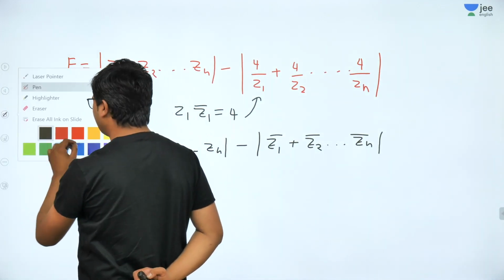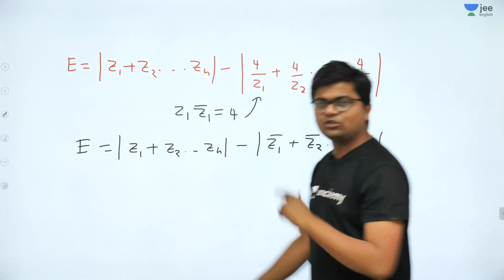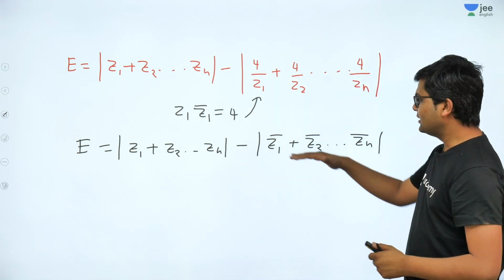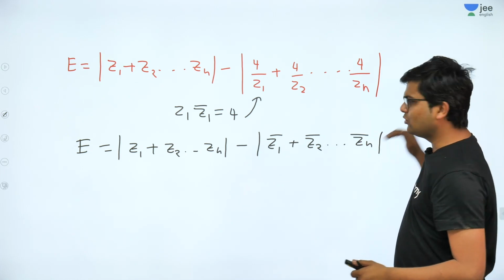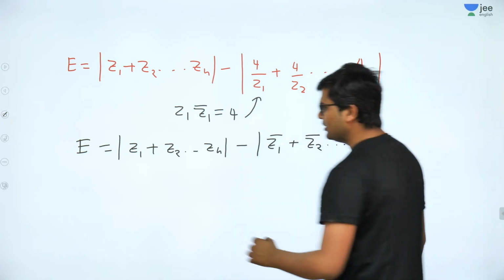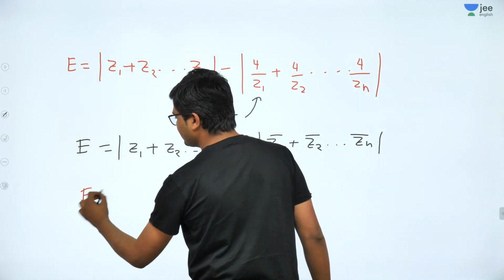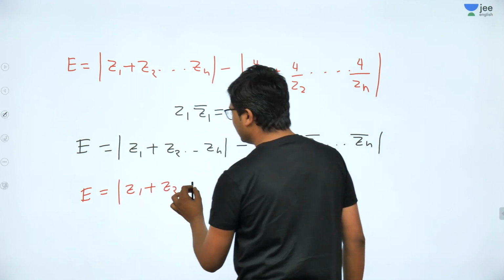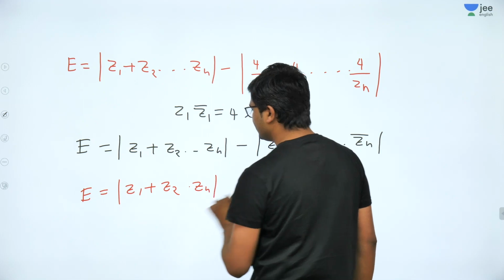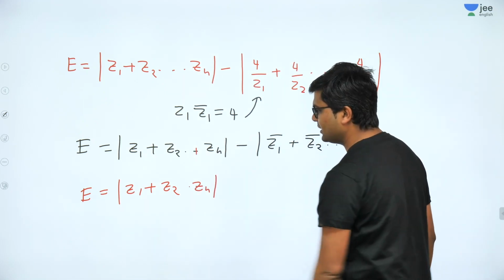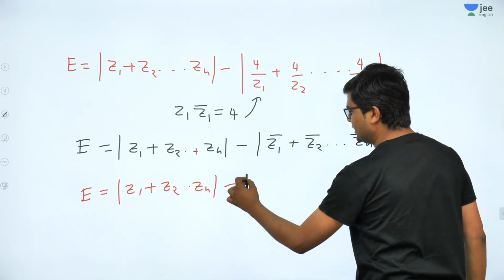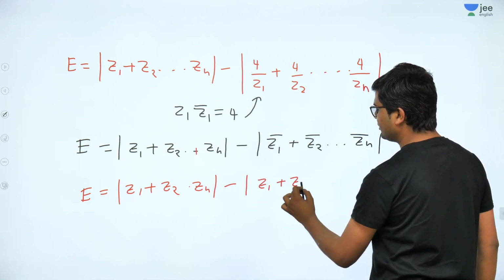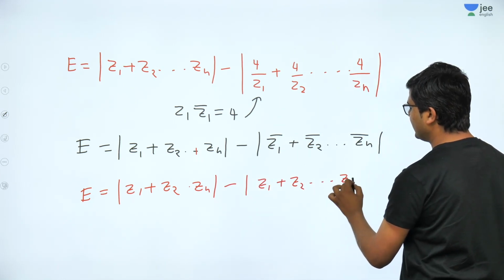Now, the property that I used in the first question will also be used in this question, that individual conjugate is equal to the whole conjugate. So this E is written as Z1 plus Z2 till Zn, minus Z1 conjugate plus Z2 conjugate till Zn conjugate, which becomes the whole conjugate of Z1 plus Z2 till Zn.